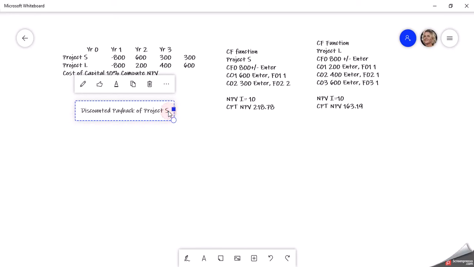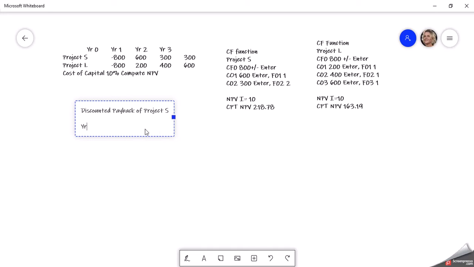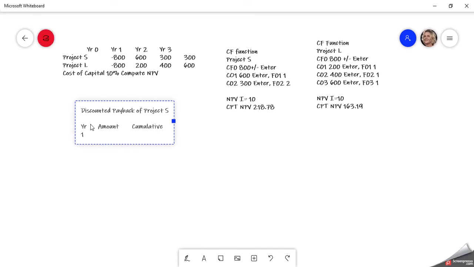Okay, so then to do the discounted payback of project S, we have to kind of tab it out to say, okay, we've got our year, we've got our amount, and then we have a cumulative total.